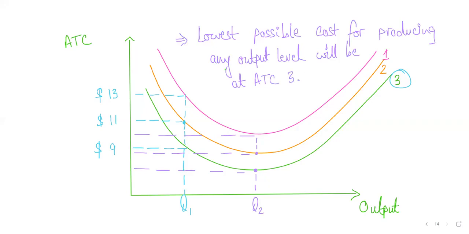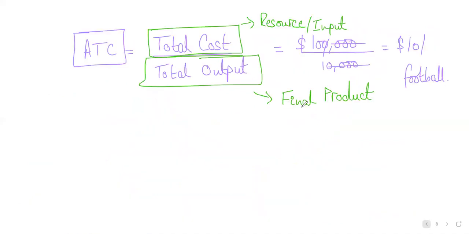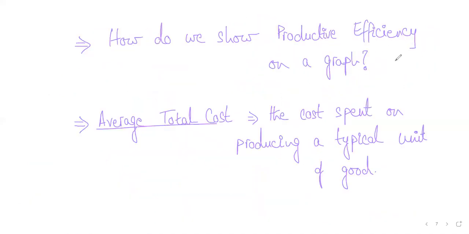This is making sense. Preet, are you clear on this, right? So what it basically means is that out of 3 ATCs, the lowest possible ATC curve is productively efficient. The lowest possible. So the answer to this question that we were asking ourselves, how do we show productive efficiency on a graph?